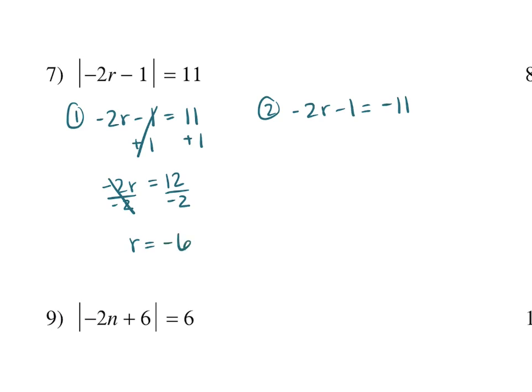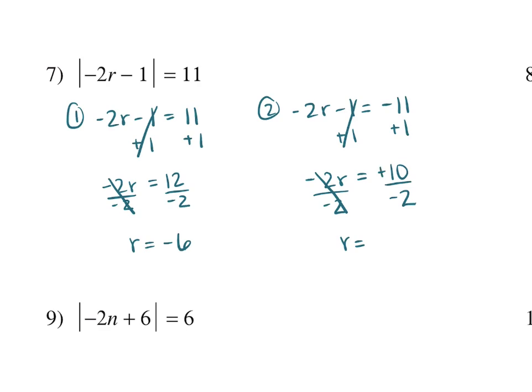Okay, so our second one, we're going to solve the same way. We need to get our negative 2r alone. So we're going to add 1 to both sides. So negative 2r is going to be equal to, negative 11 plus 1 is negative 10. And then we have to divide by the number in front of our variable. We're going to have negative 10 divided by negative 2.